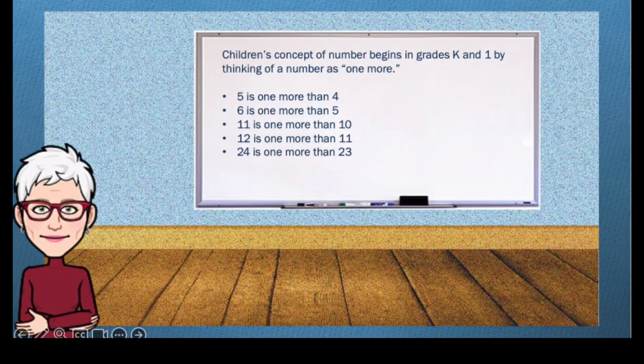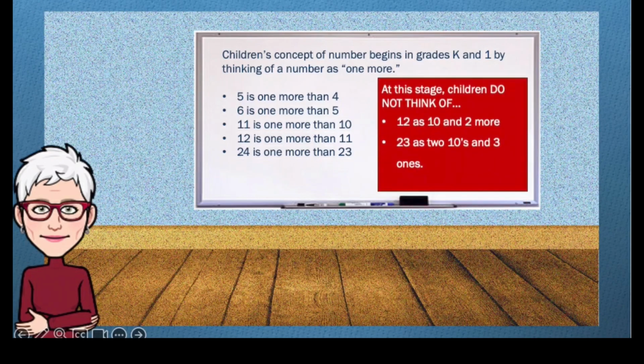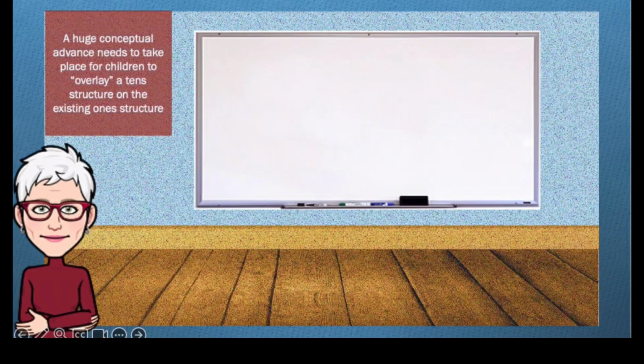In this early conception of number, 10 does not yet hold a preferential status. For example, at this stage, the child does not think of 12 as 10 and 2 more, or of 23 as 2 10s and 3 1s. So a huge conceptual advance that needs to take place is for the child to overlay a 10 structure on the existing 1 structure.